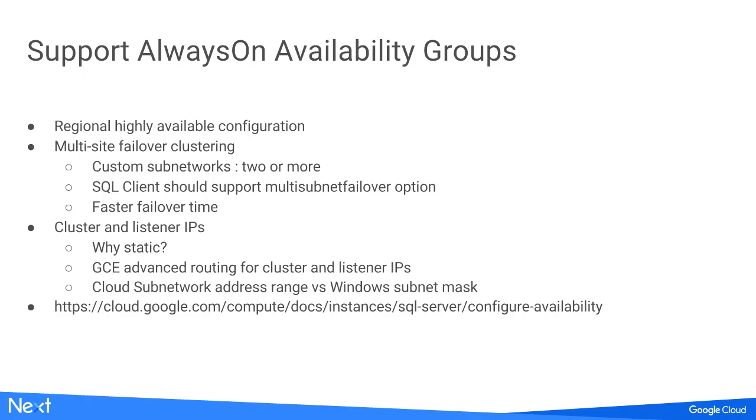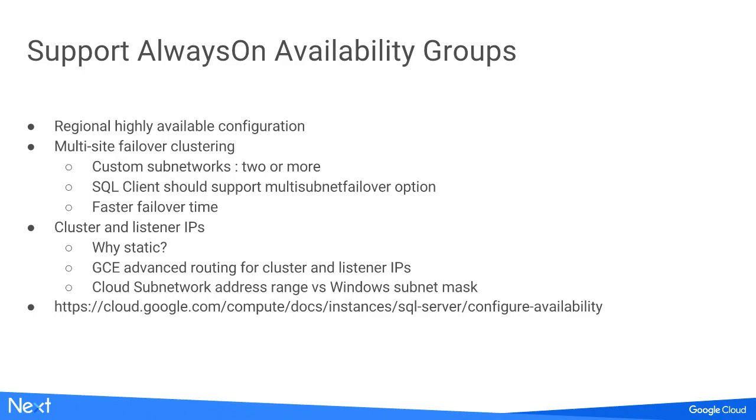Second, the whole solution is built on top of a multi-site failover cluster. Because it's multi-site, that's the reason we need two or more custom subnetworks here. It also means the SQL client needs to support something called the multi-subnet failover option in the connection string. So when you're building an application, you specify the connection string to connect to the SQL Server database.